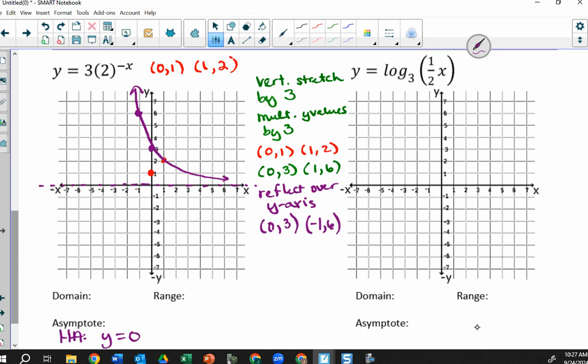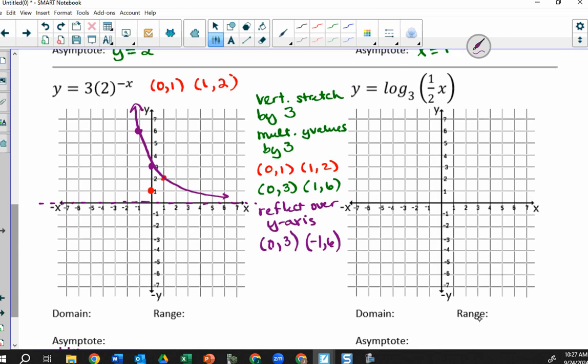Okay, let's do it again. Oh yeah, you guys do domain and range real quick.